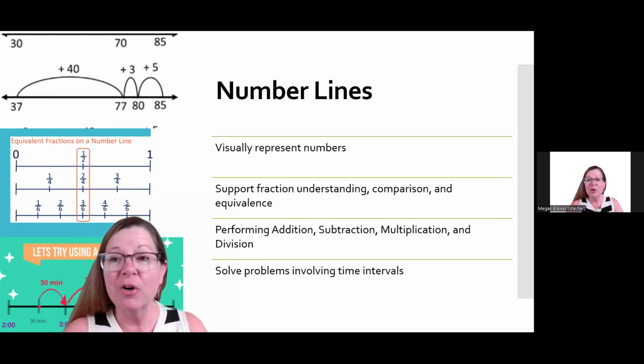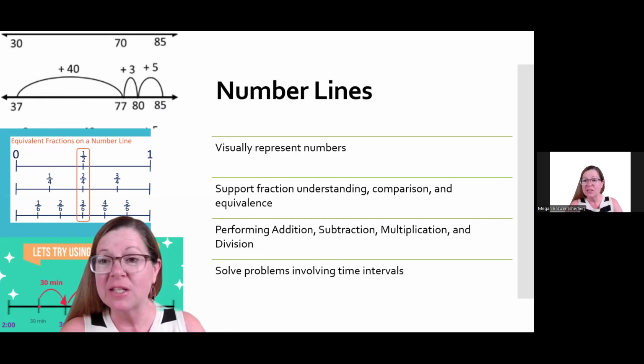So for example, that first open number line you see on the top of our examples on the screen, for that problem, I was asked to think about 37 plus something else equals 85. What is it? I used an open number line to find my answer.